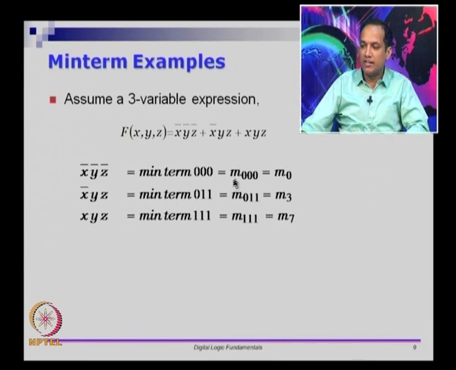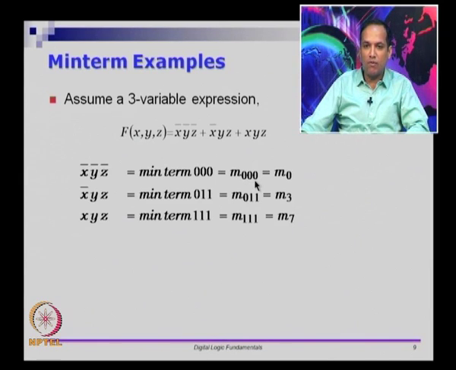So, we will call this term M000 term, this term M011 term, and this term M111 term. Wherever it is complemented you put a 0, wherever it is not complemented you put a 1. So, this is 000 term, this is 011 term, and this is 111 term.